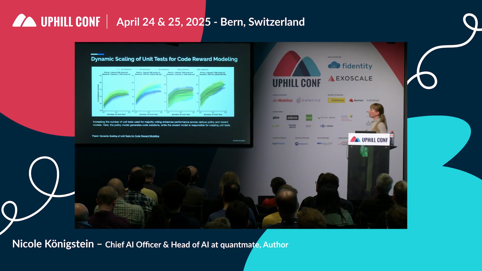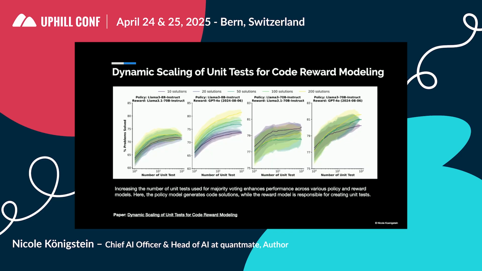And here is what I mentioned earlier about the scaling of the unit tests for code reward modeling. This is another method where they scale dynamically to get better and better unit tests, and with that also improve how coding models can develop tests for your software.